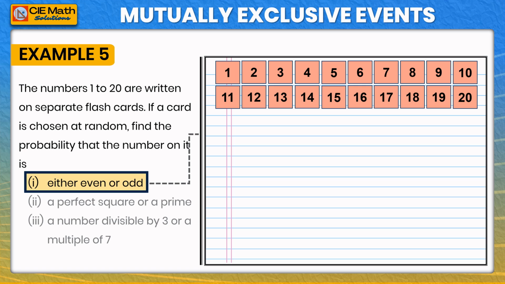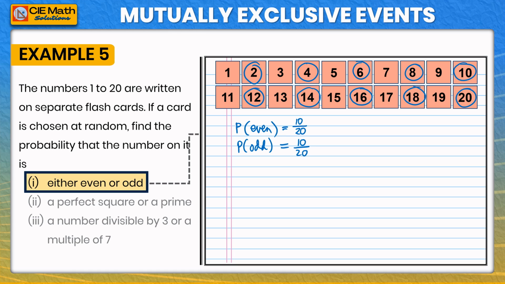Looking at the cards with the numbers on them, if you will find the probability of an even, you know that even numbers are 2, 4, 6, 8, 10, 12, 14, 16, 18, and 20. There are definitely 10 of them, so we have 10 out of 20. For the probability of odd, those are all the numbers that are not encircled. There are also 10 of them.